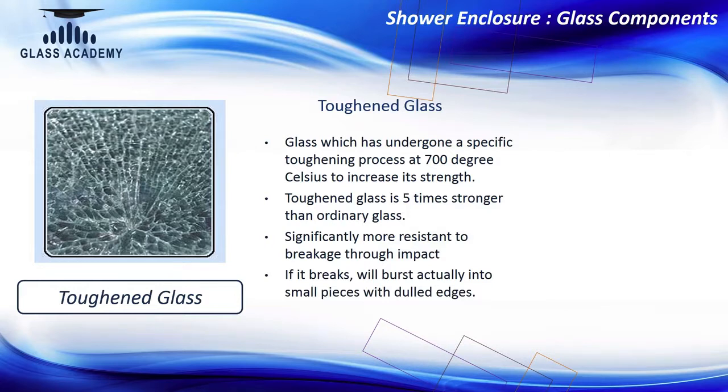If it breaks, it breaks into small crystals with dull edges like this, reducing the risk of injury. That is the biggest reason the glass used in this category is always toughened glass.